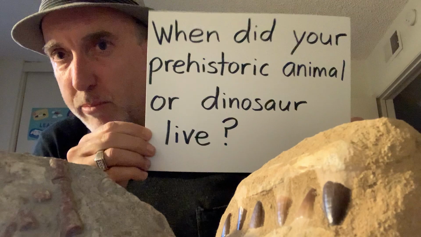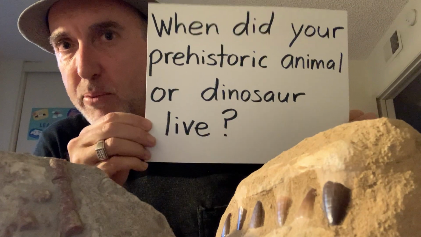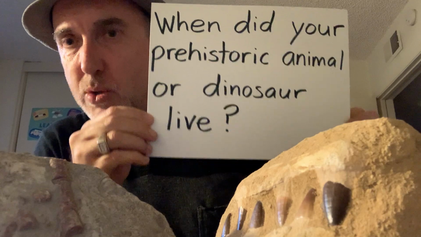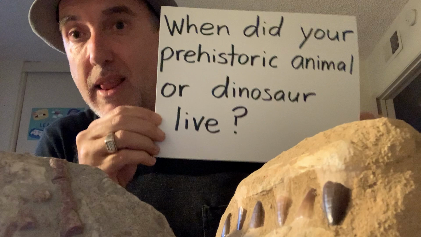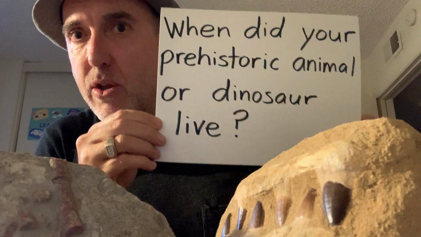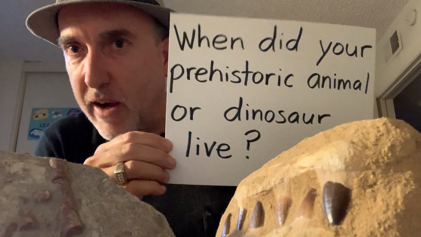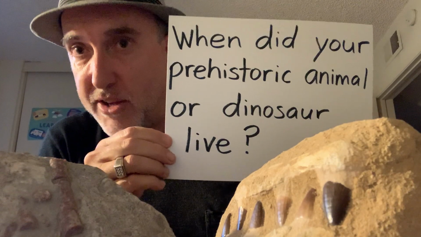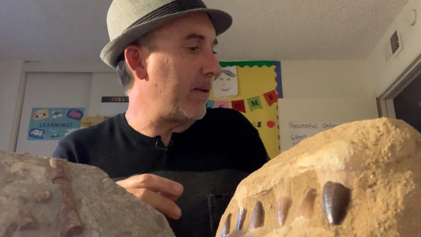There's information out there that will tell you when your prehistoric animal or dinosaur lived. How long ago was it alive? Millions, I'm sure millions, but find out when it lived. Try to find the period. Maybe it was the Jurassic period, like I said. So there's our when. Let's keep going.